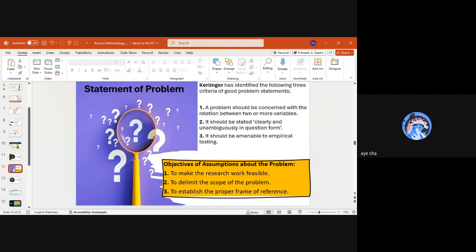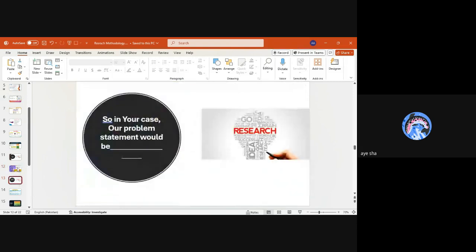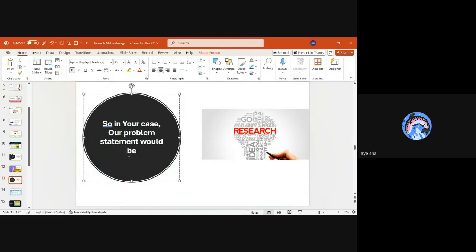You would get a frame of reference for your whole research, that this is the central point, this is the problem, and on that problem I have to base my whole research. So based on your interest, that was forestry, I would say that I have been noticing deforestation in the Margalla Hills.